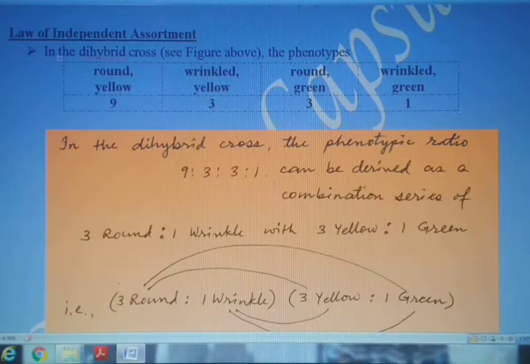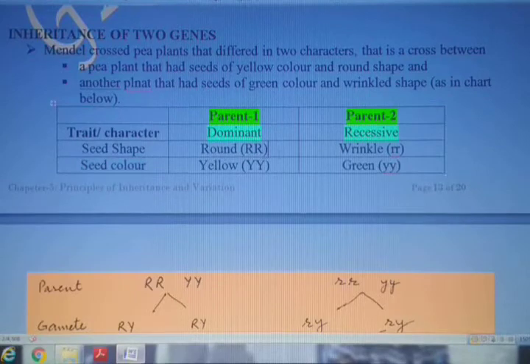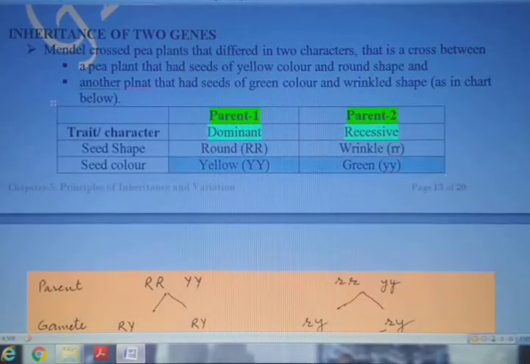There were two different characteristics of the plant that Mendel studied. The two characters were the shape of the seed and the color of the seed. In case of the shape, round shape was dominant over wrinkle and yellow was dominant over green.